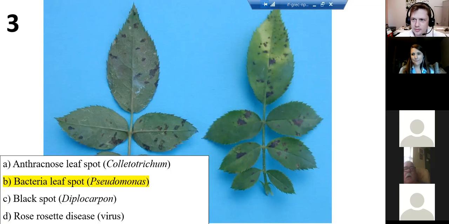Go ahead. The diseases, yeah, there's the halo too. But the Rose Rosette disease is a virus, and it looks a lot different than these foliar, fungal and bacterial diseases. The branches and the leaves will be very malformed, so it won't look anything like this.